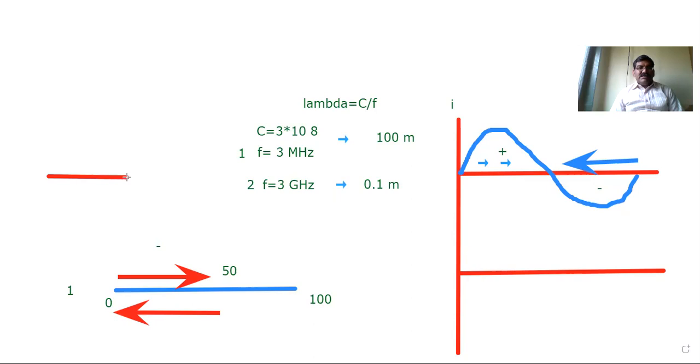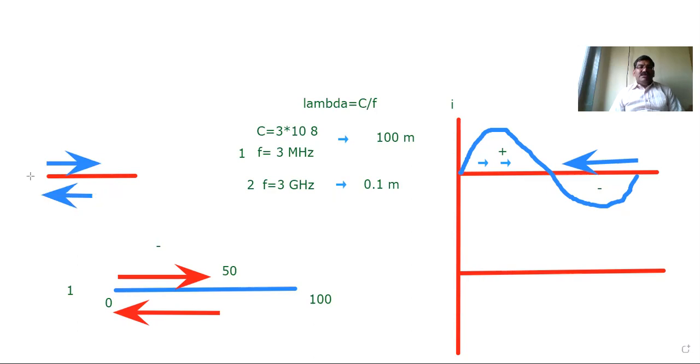Now in the second example, this is the length. Half the way it goes forward, and then half it comes back.